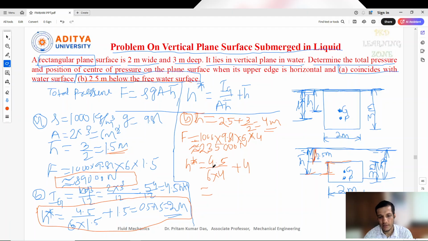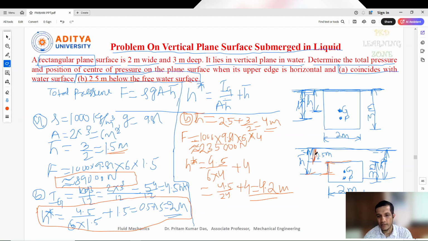So we write 4.5 divided by 24 plus 4. The 4.5 divided by 24 will be a point value, near about 0.2 something. So finally we get approximately 4.2 meter.